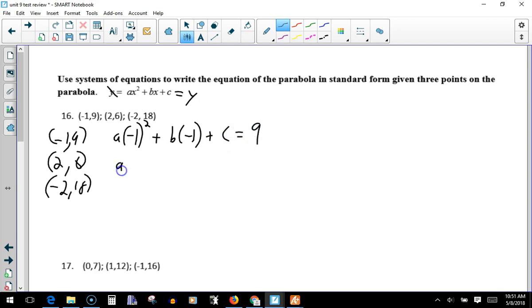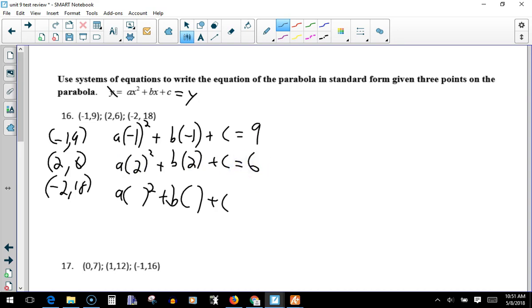And then I'm going to have a here and a here. And you can see the format's going to be the same. This one's always squared, plus b, parentheses, plus c. This is not going to change. And all we're going to do is put x here, and y here. X here, and y here. It's the same format every time.